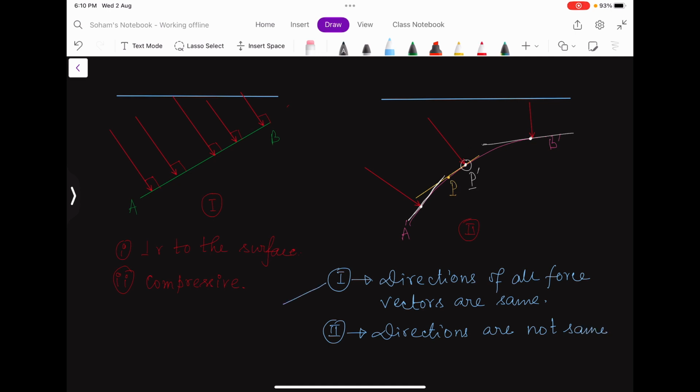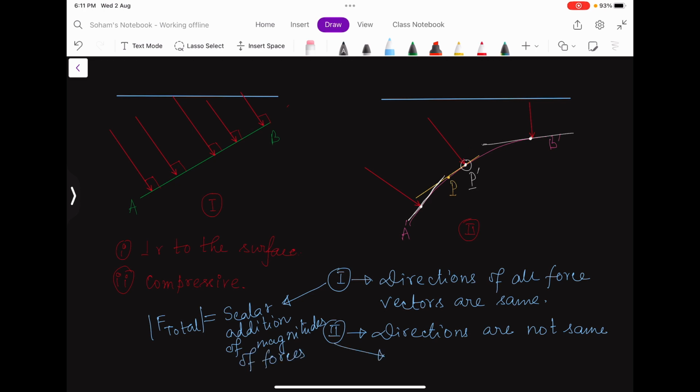So for case 1, F total can be represented as scalar. The magnitude of F total is actually the scalar addition of magnitudes of forces.